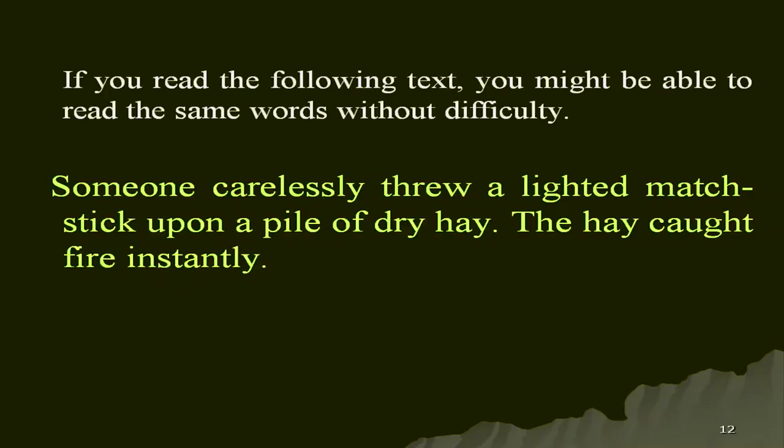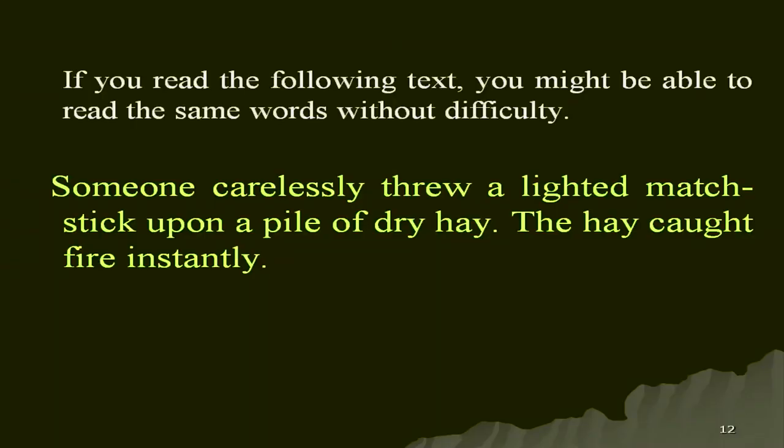Now, if you are given the following text, we do not have any problem reading and comprehending these 2 sentences. Someone carelessly threw a lighted matchstick upon a pile of dry hay. The hay caught fire instantly.